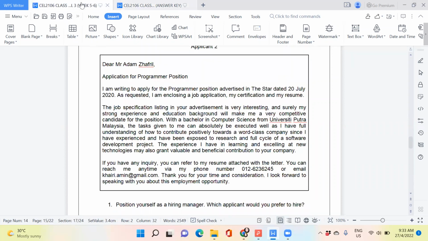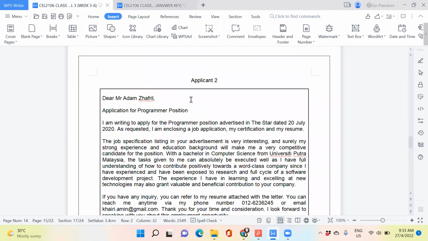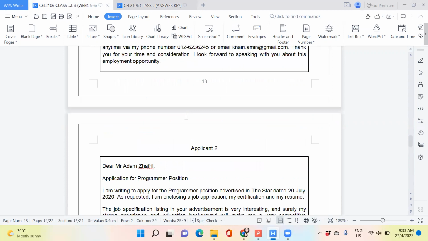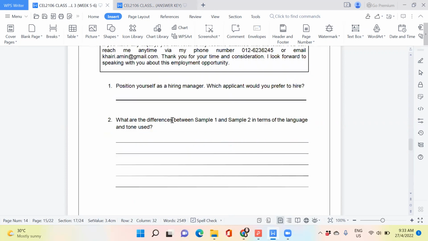Okay, so I would say sample number 2 from applicant number 2. Okay, not applicant 1. Okay, why? Kenapa? Okay, what are the differences between sample 1 and sample 2 in terms of the language and tone used?